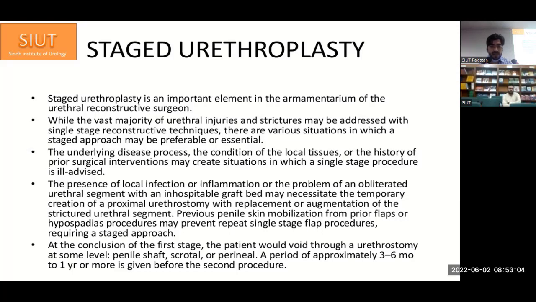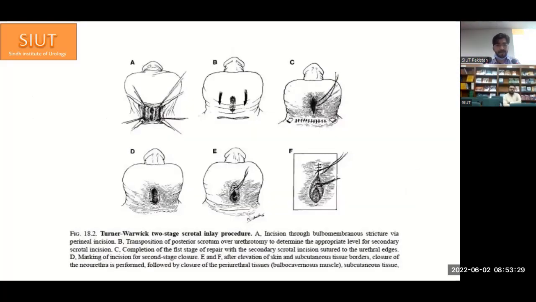Previous penile skin mobilization, a perineal flap, or a hypospadias procedure may prevent repeat single stage flap procedures, requiring a staged approach. At the conclusion of the first stage, the patient would void through a urethrostomy at some level: penile shaft, scrotal, or perineal. A period of approximately 3 to 6 months to 1 year or more is given before the second stage procedure.